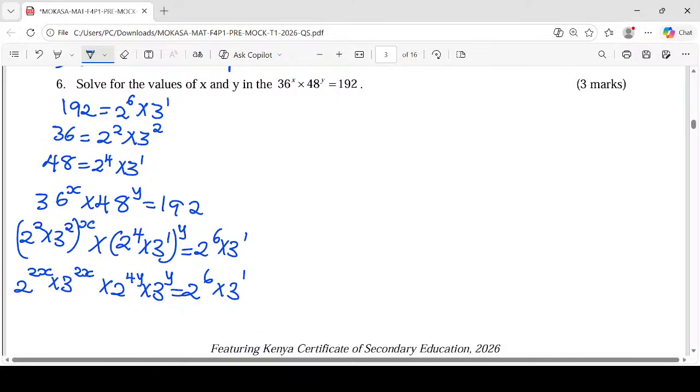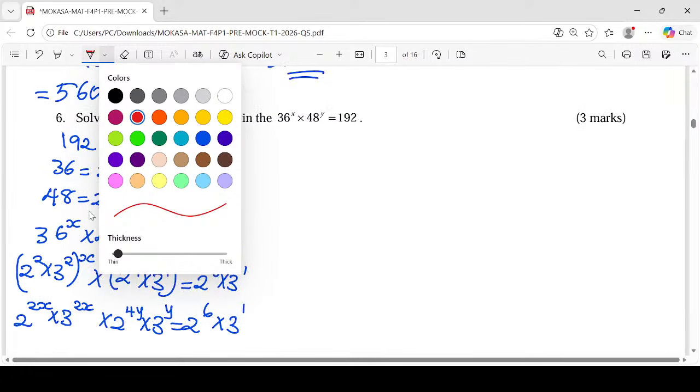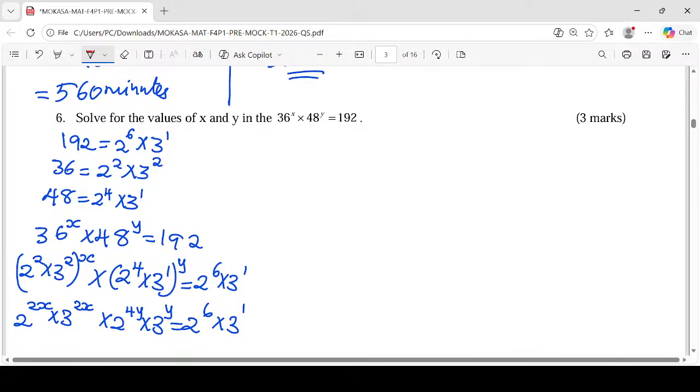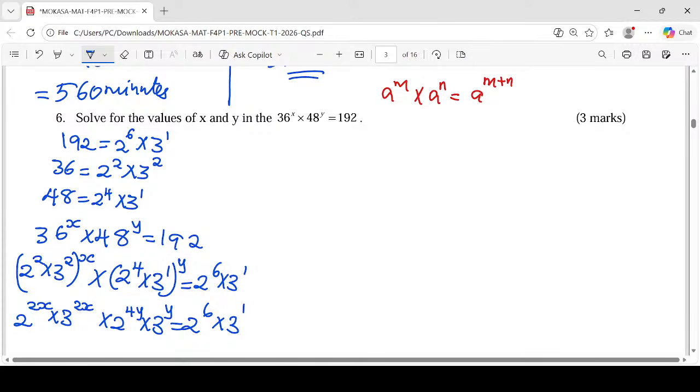Let's combine those with the power of 2's. Remember, we have a law in indices that says a to the power of m multiplied by a to the power of n can be written as a to the power of m plus n. Applying that law, we are going to sum this into this particular step.